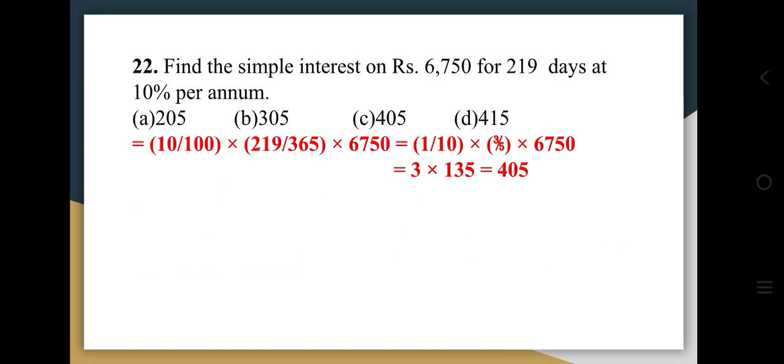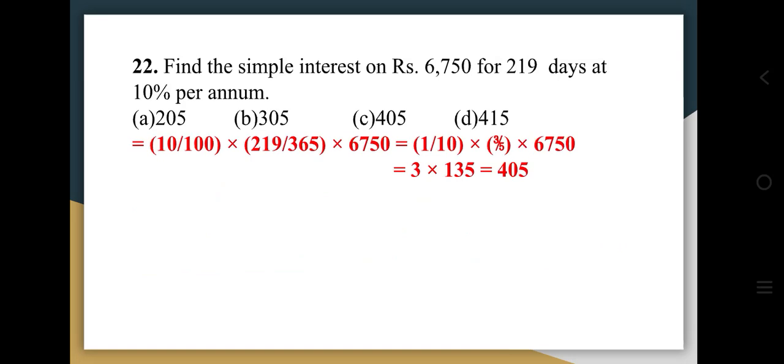Find the simple interest on rupees 6,750 for 219 days at 10% per annum. So the interest rate is 10% per annum. But we have to calculate interest for 219 days.